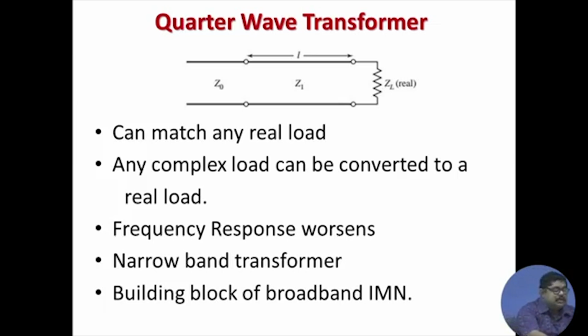So, we will see that in our next ones, that with this quarter wave transformer we will start. Those impedance matching networks that we have designed, the distributed ones, have a frequency response, and that frequency response is narrow band, meaning not more than 15% bandwidth.